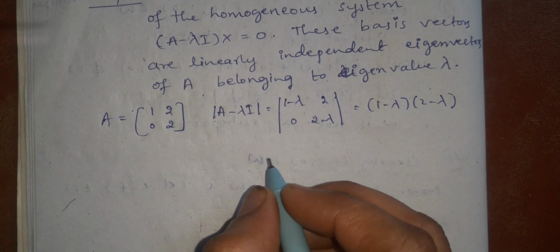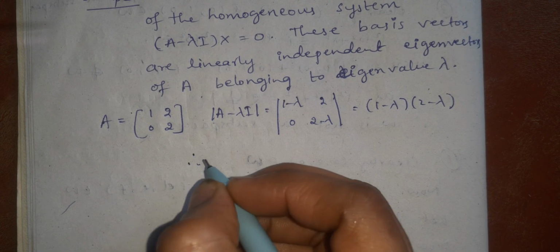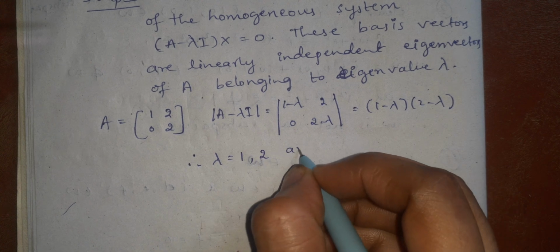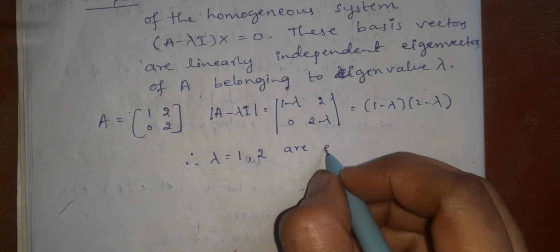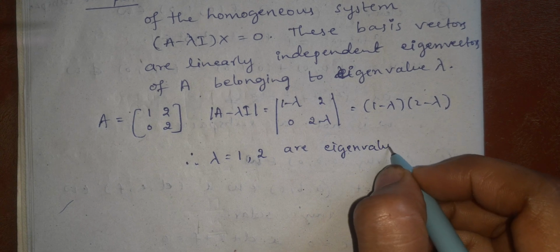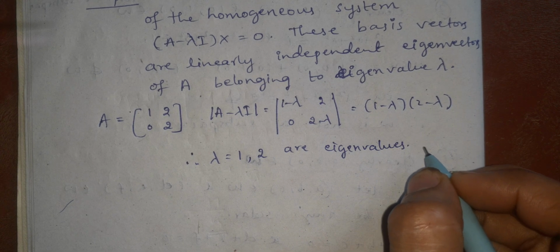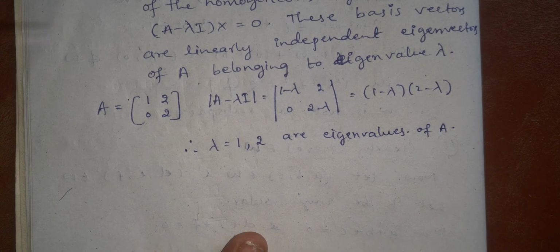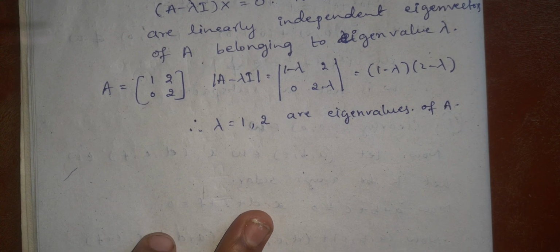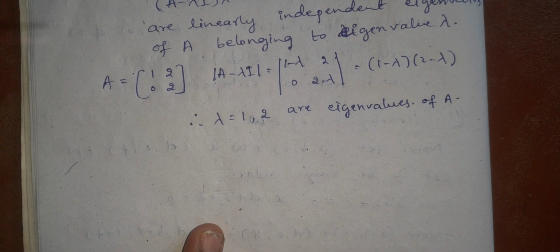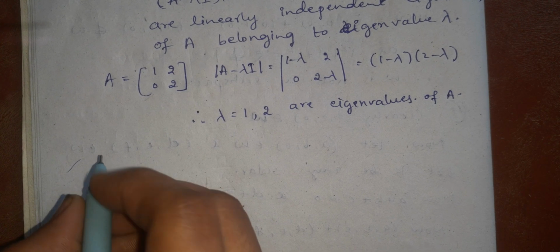This is the characteristic polynomial. Therefore, lambda equal to 1, 2 are eigenvalues of matrix A. Now we will find the basis for the solution space of the homogeneous system (A minus lambda I) x equal to 0.